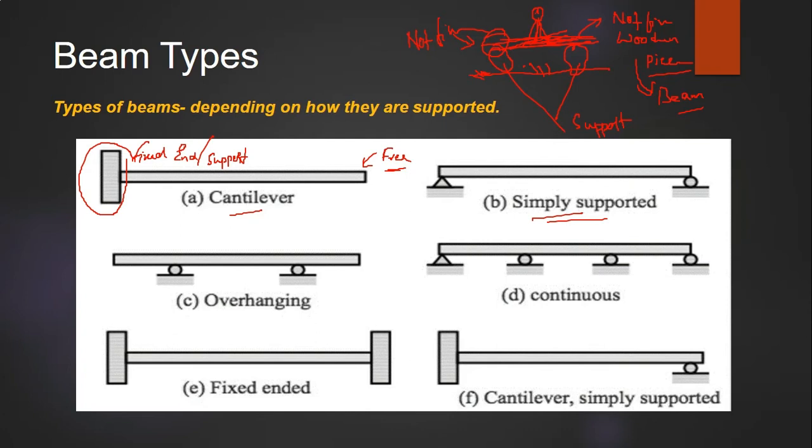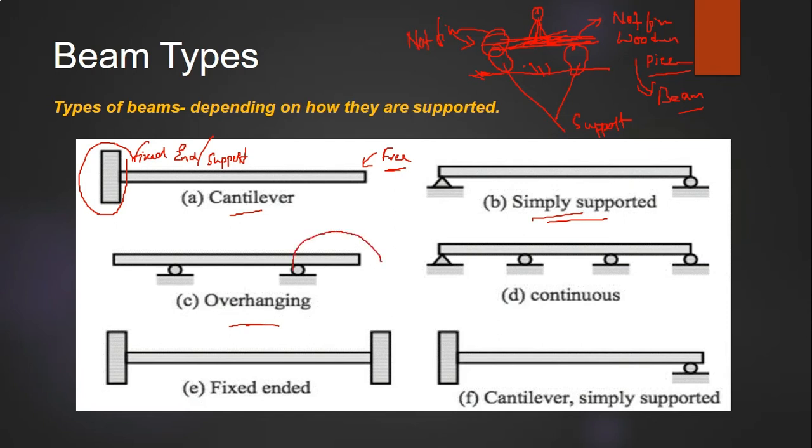And remember that in our reinforced concrete design, when we are designing a building or any structure which has a beam, these beams are considered to be simply supported beams and they are designed. Now, overhanging. An overhanging beam is a beam which has an overhanging portion.